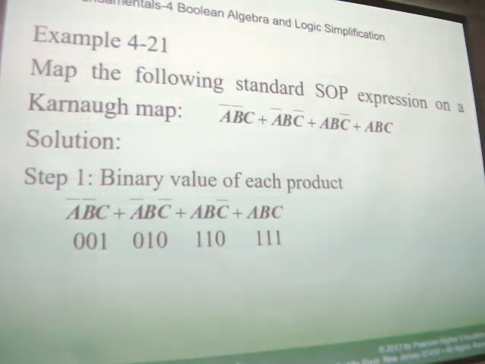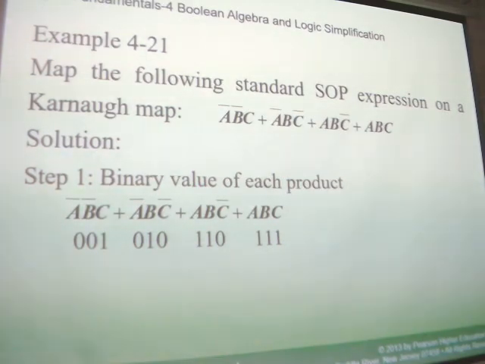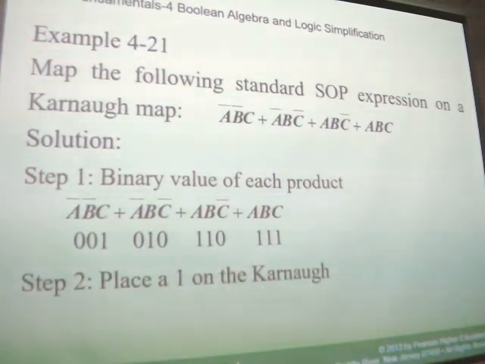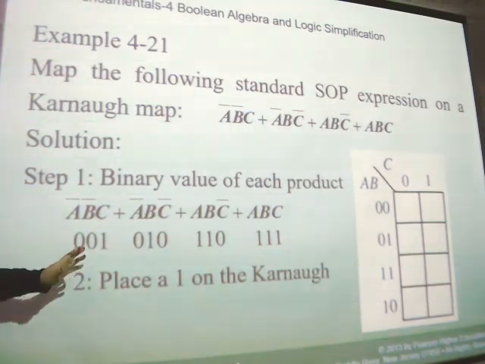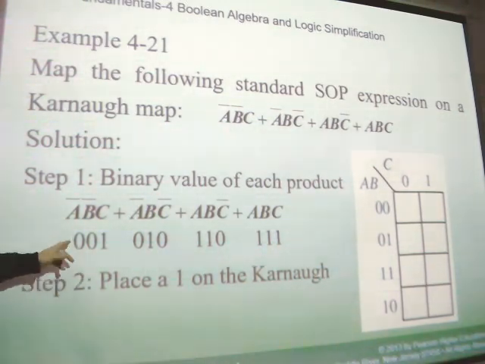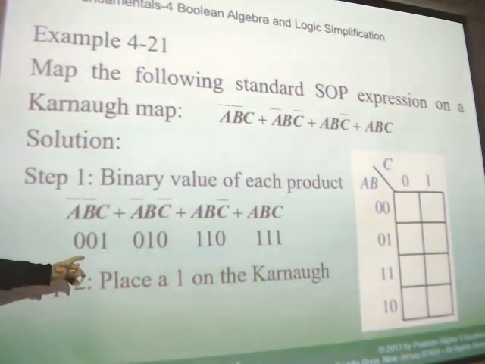So then step 2: place a 1 on the Karnaugh map if the corresponding binary value is 1. In the Karnaugh map there are 4 cells with value 1.